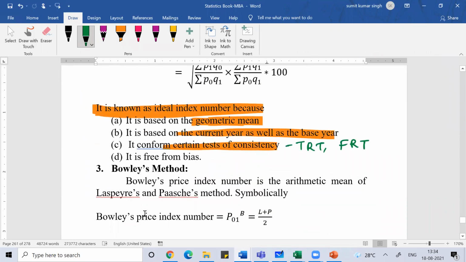Next we'll talk about the Drobisch-Bowley method.